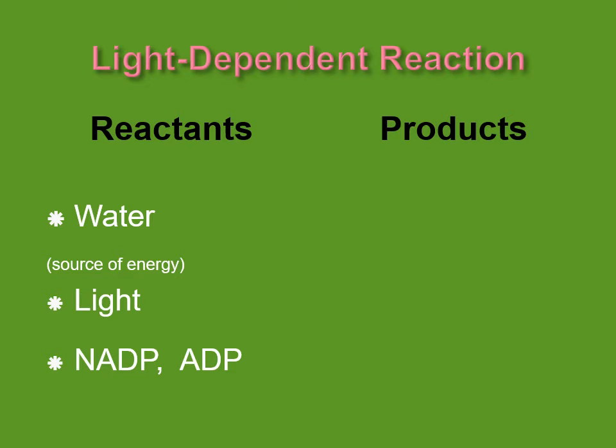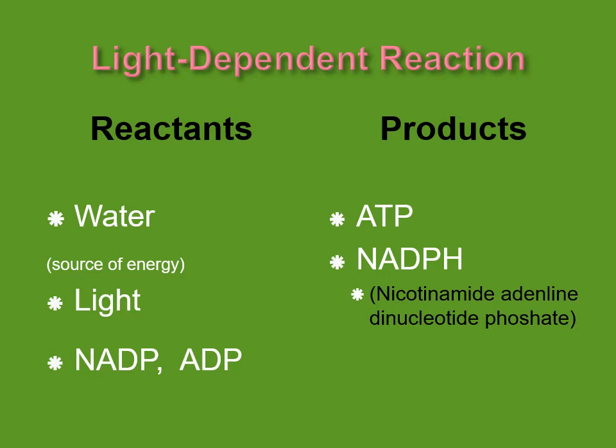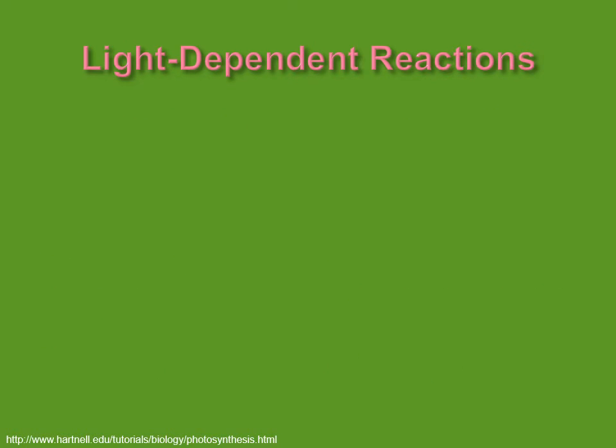What will be produced out of the light-dependent reaction is an energy compound called ATP and NADPH, which is, as you can see here, nicotinamide adenine dinucleotide phosphate. And the big product that comes out of the light-dependent reaction would be oxygen.